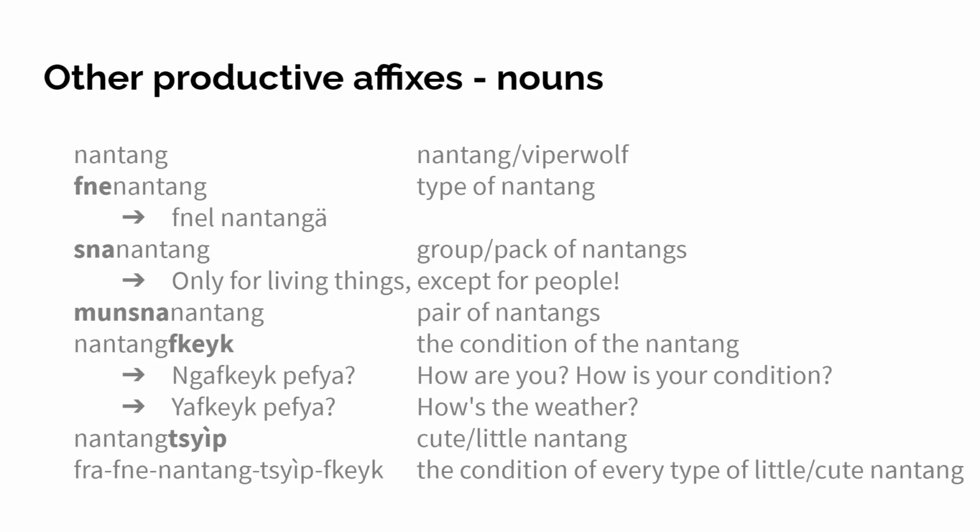So how's the condition of the air? How's the weather? And down there I also put again how the big word is actually composed. So fra, every, fne, type of, nantang, tsiep, cute, little, and vgeik, condition of. So the condition of every type of little or cute nantang.